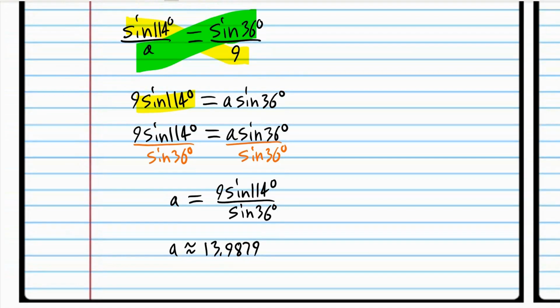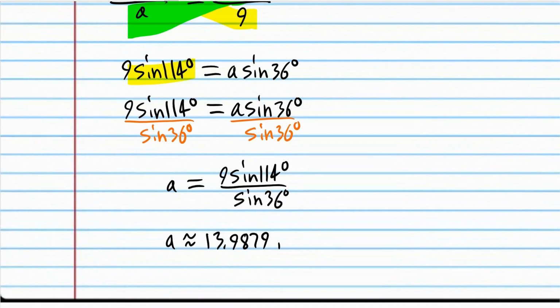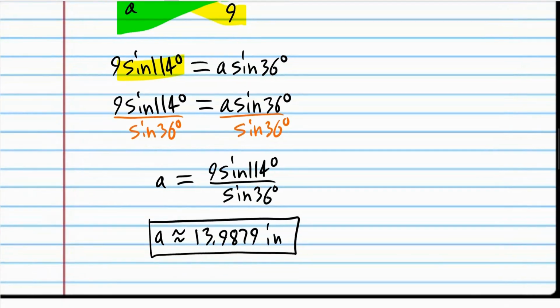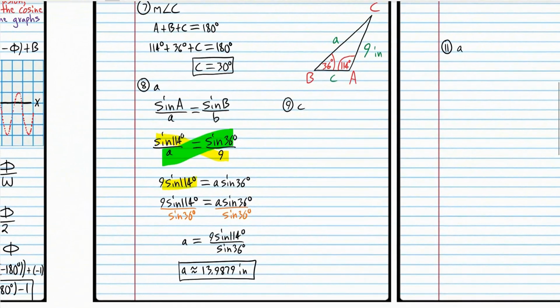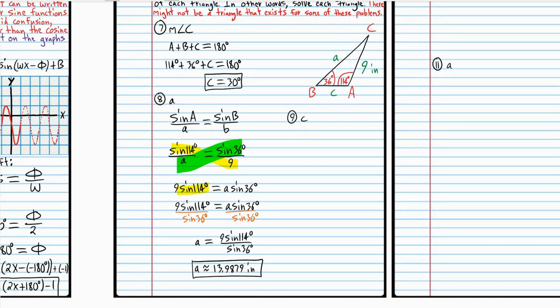And the units are inches. A lot of students are going to forget to write inches. If you forget to write inches, then you're going to lose points. So now we're going to find the length of side C. And when you're doing these problems on the practice test, be sure not to skip this problem up here.